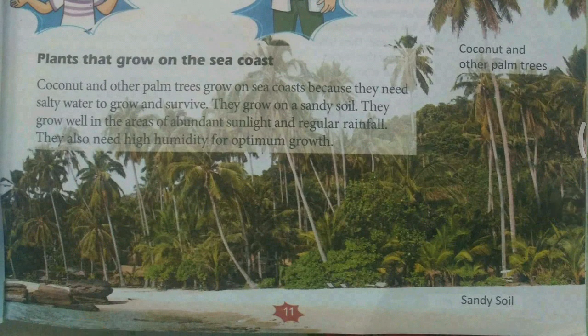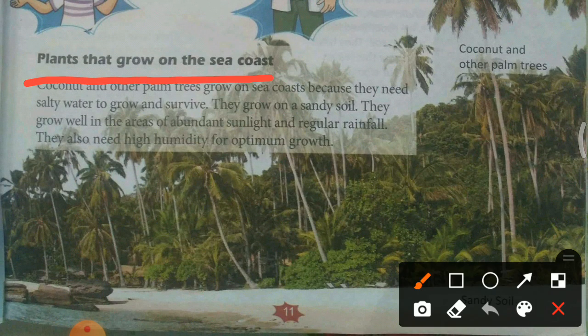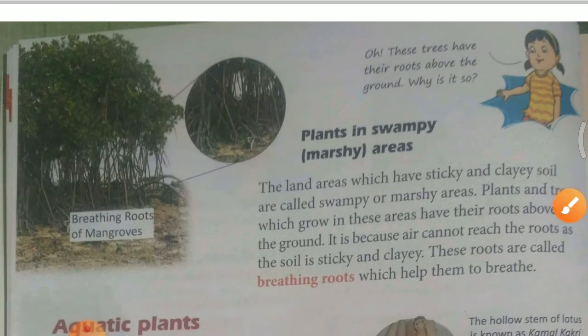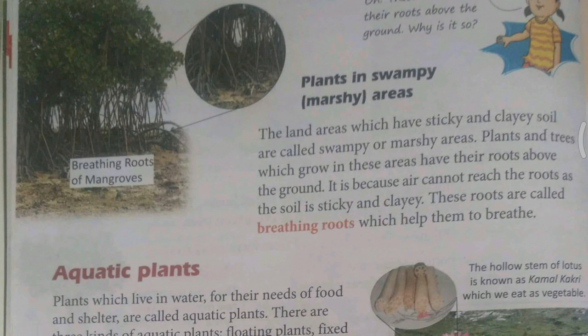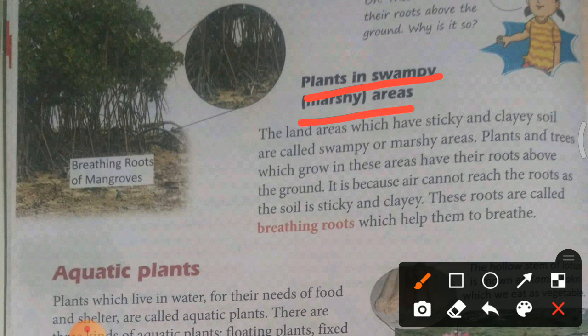The next one, plants that are grown on the sea coast. The coconut tree and palm tree are grown on the sea coast. Then plants in swampy or marsh areas: mangrove plants are grown in swampy areas and they have breathing roots.